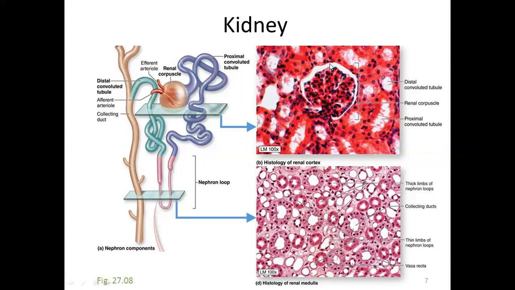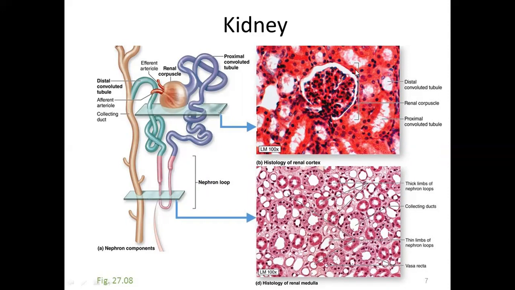So the renal corpuscle consists of a tuft or bunch of capillaries surrounded by a cup-shaped structure, the Bowman capsule.